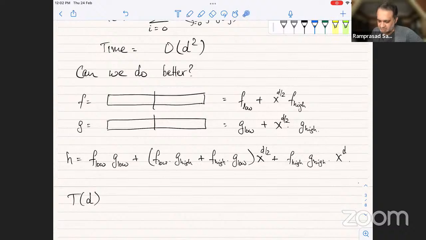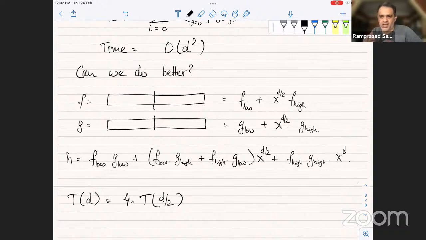Now I can basically say, okay, let's compute this product recursively and this product recursively, this product recursively, and this product recursively. These are all polynomials of degree d by 2. So let's compute all of those products. So what is the recurrence going to be? So I have 4 such polynomial multiplications of degree d by 2.